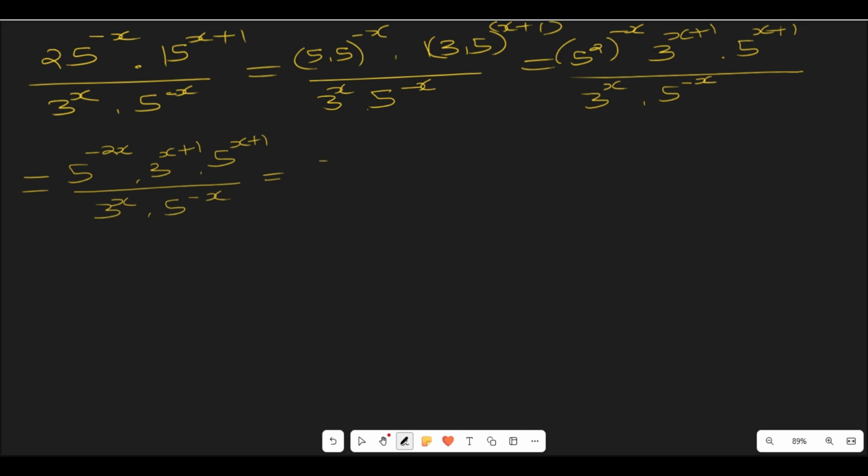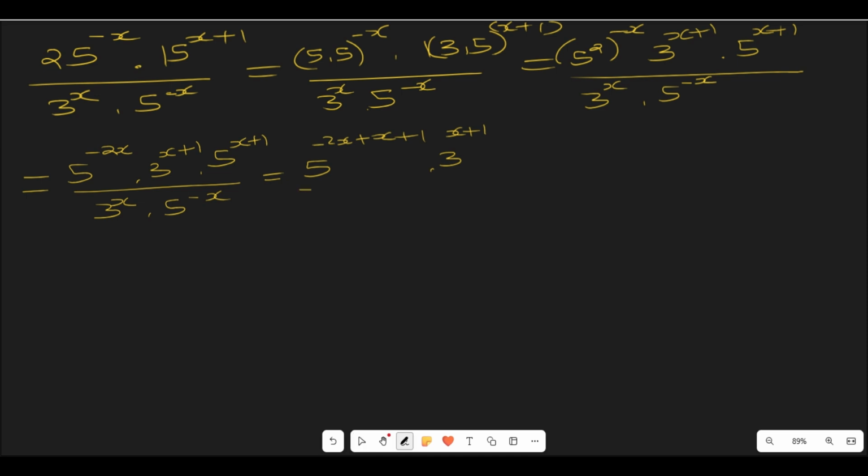So now, because we look at the numerator, let's just combine the same bases. It means if the bases are the same and it's multiplication on the numerator, we add the indices. So we say negative 2x and then plus x, and then plus 1 multiplied by 3 to the power x plus 1.